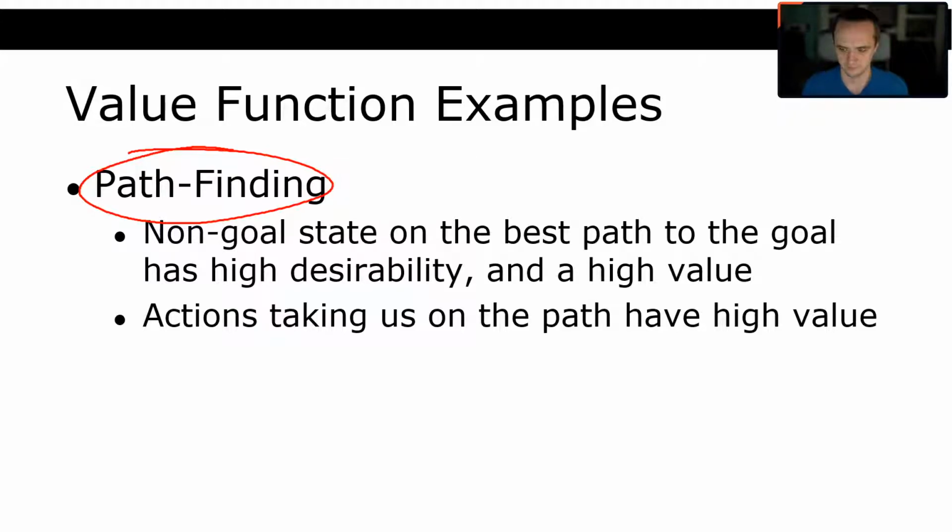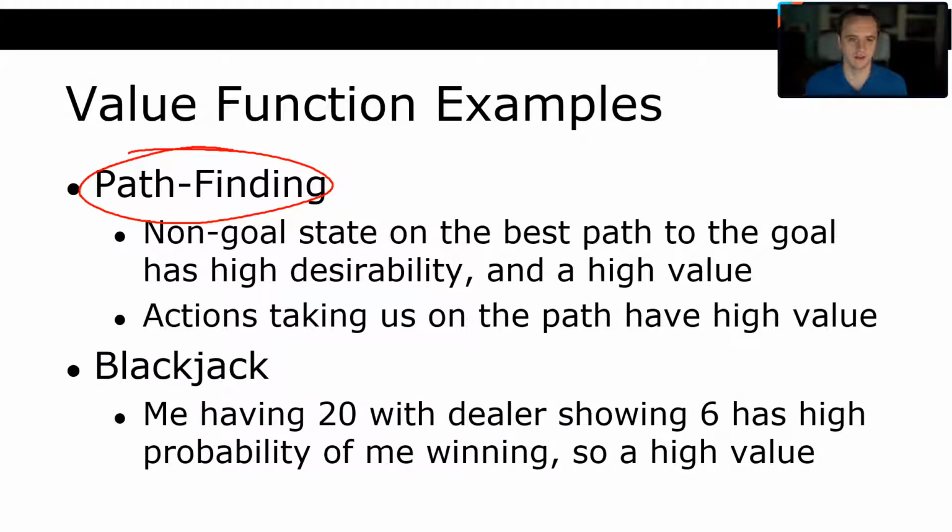In Blackjack, if I have 20 and the dealer is showing a 6, that's a very high probability of me winning. That state is going to have a very high value because I'm just going to stick, and I'm probably going to win 80 to 90% of those hands. Those are just some examples of values at a state.